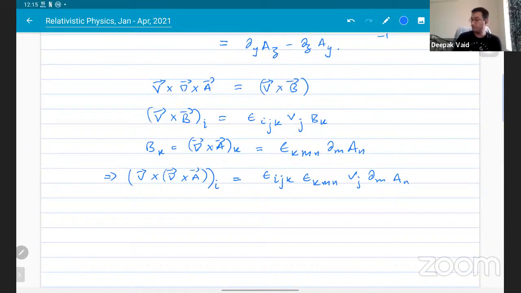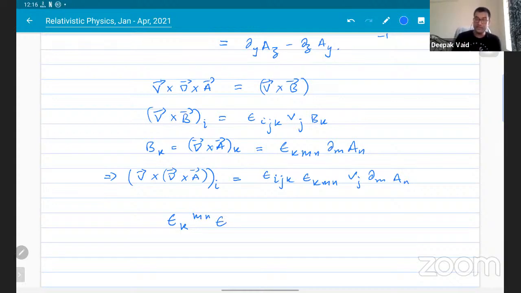So it might seem that we have simply increased the level of difficulty, but now what we can do is we can use some identities. Okay, so I'll tell you what those identities are. And to just make our life a little bit easier, I will write epsilon k m n with the m and n on top, with the raised indices. This is just for ease of notation.